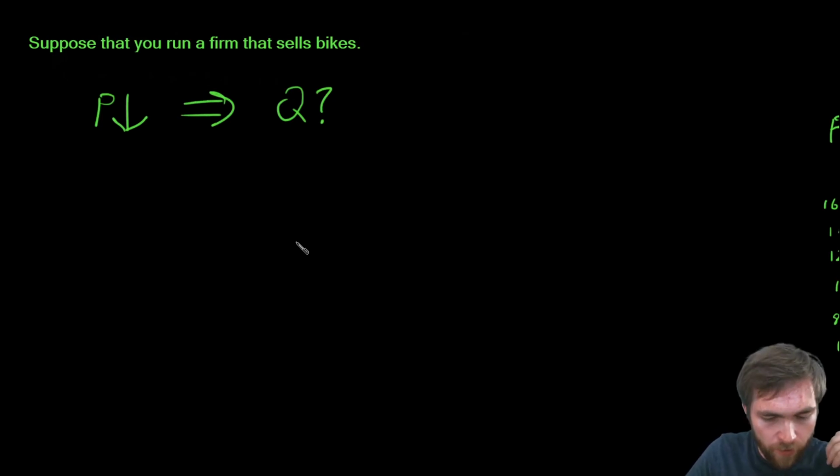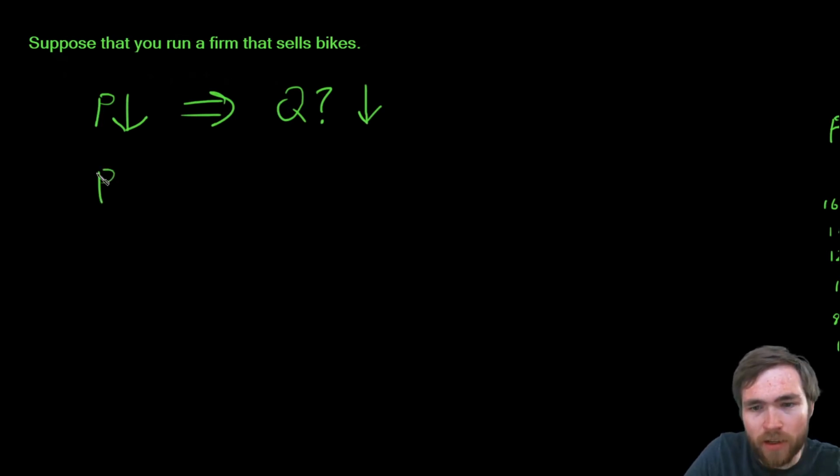So if you think about running a firm, if the price falls, that means that you're going to be making less profit on each unit that you sell. So you might be inclined to produce fewer bikes in the future. So the implication of that is that as price falls, the quantity that you produce is going to fall.